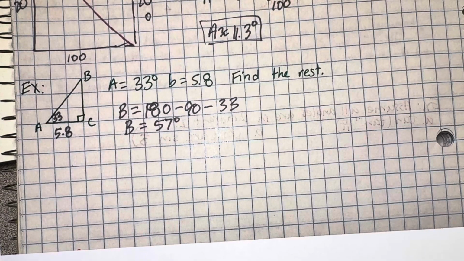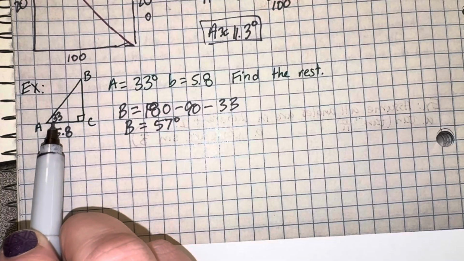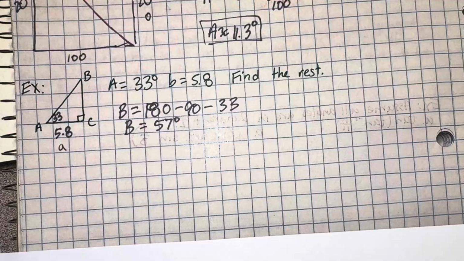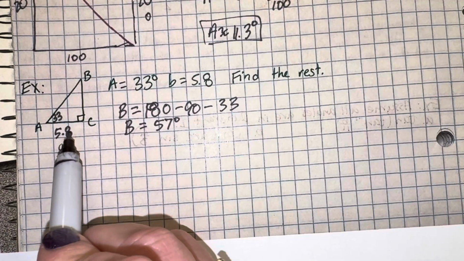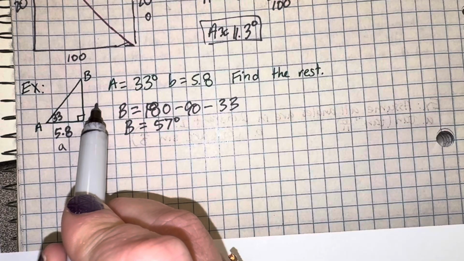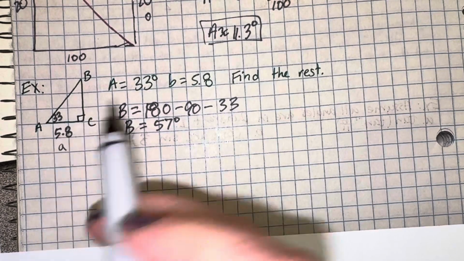Now with the information I know, I need to solve another part. I currently have an angle and I have the adjacent side next to it. So I can solve this side or this side. If I want to solve this one here, this is my opposite side, which gives me a tangent for these two.